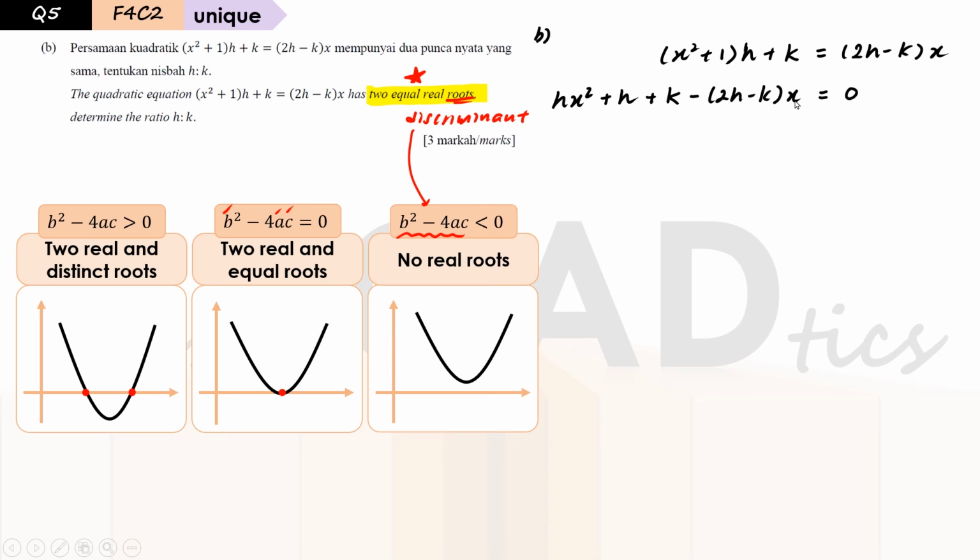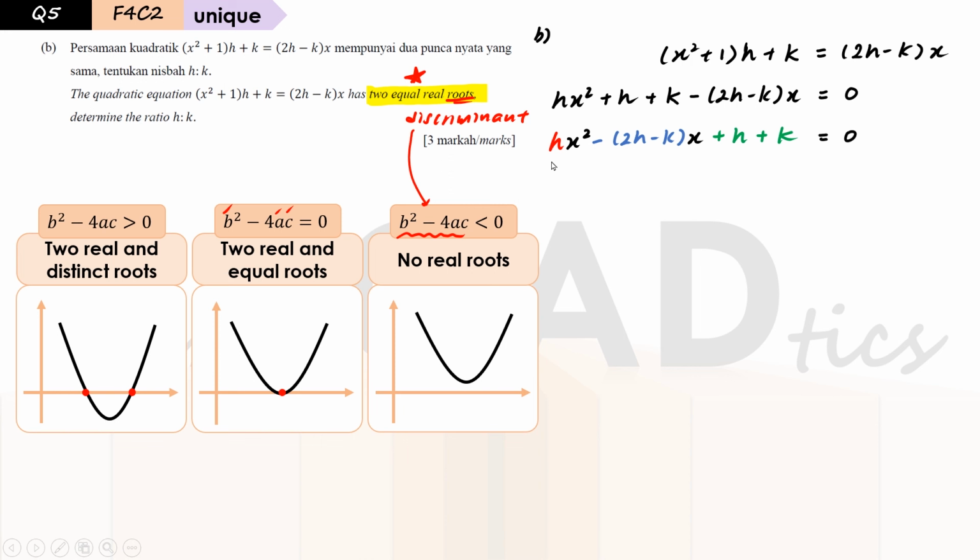Let me rearrange a bit. For the values that have x squared, I'm going to put it at the front first, which is this one. Then I'm going to put the value that has x, which is this one. And at the back, I'm going to put the value that does not have x, which is plus h plus k.